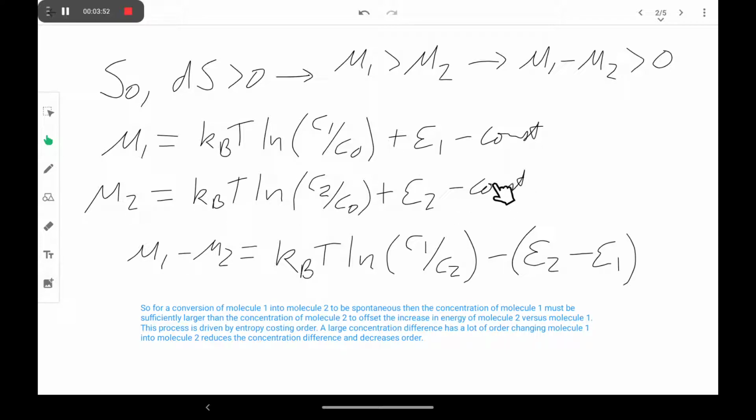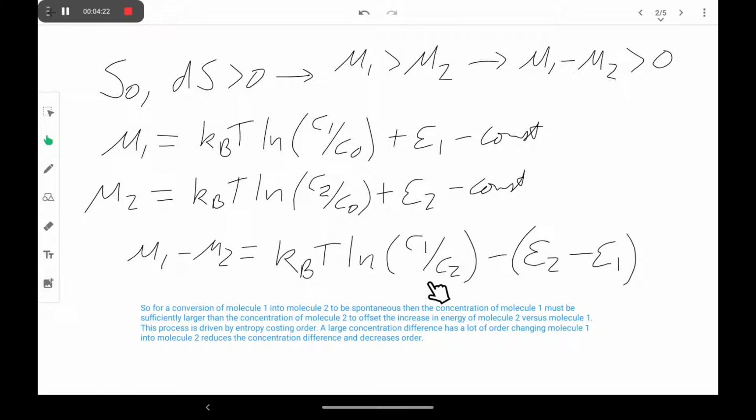So subtracting the two, that constant disappears, and we end up with this relationship using the rule of natural logs. Natural log of A minus the natural log of B is the natural log of the quantity A over B. So we get C1 over C2. The C0 is canceled out. All right? And then we have the difference in energy. So now, as we look at this condition, that the difference must be greater than 0 for it to be spontaneous, we can see what that means.